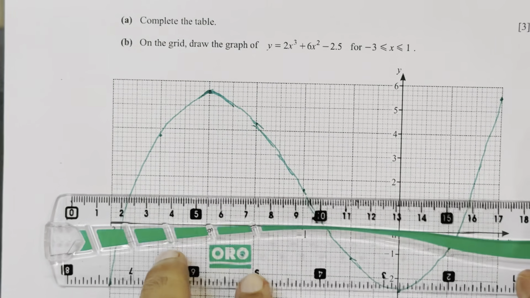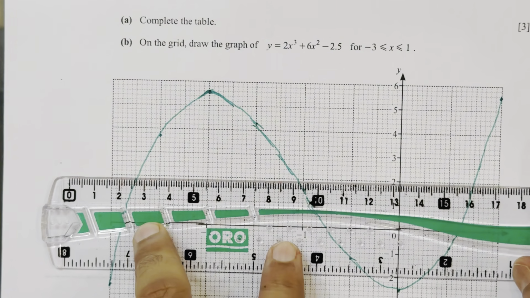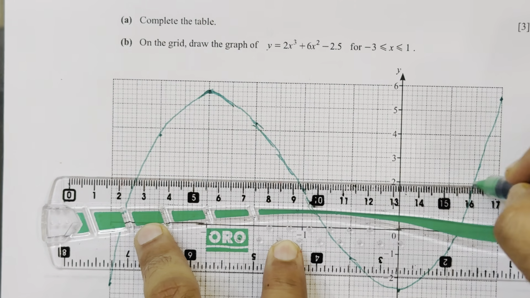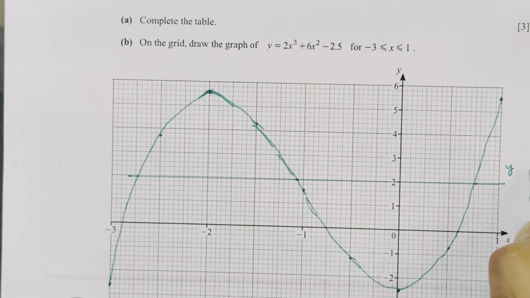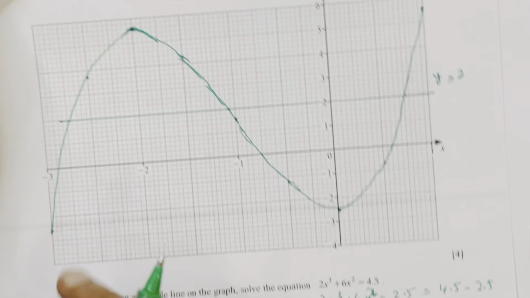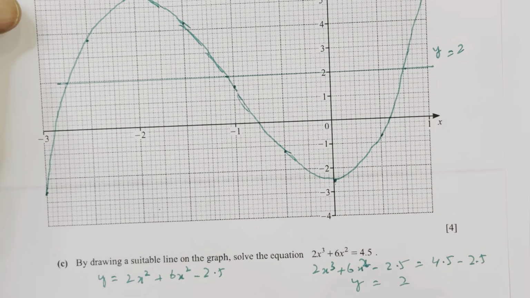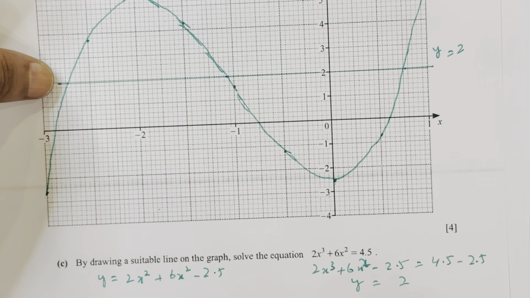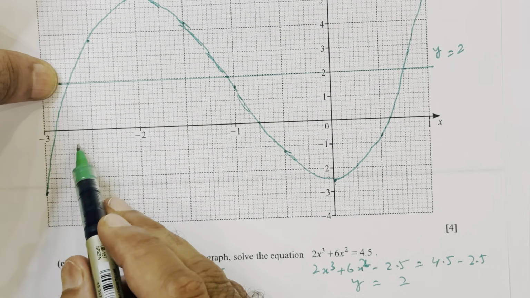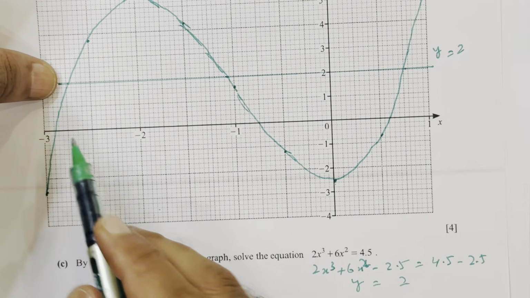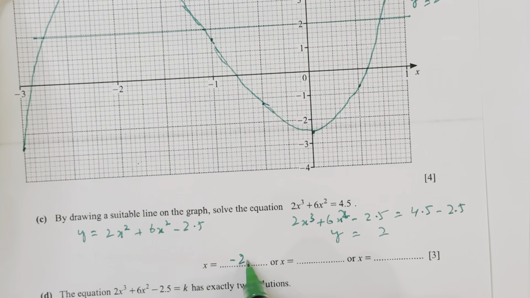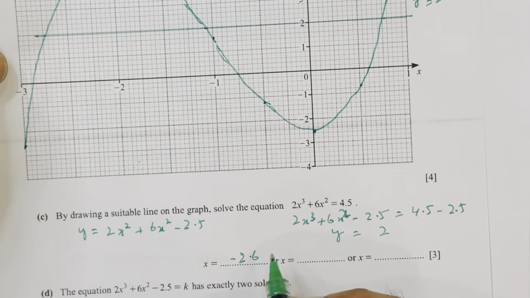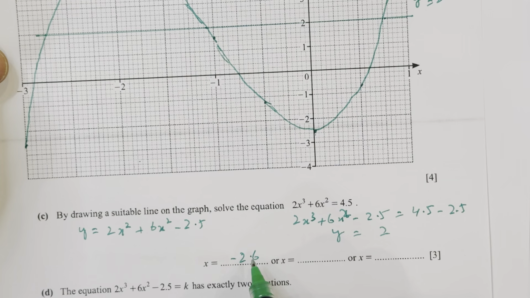When you plot this line y is equal to 2 like that, these are the 3 coordinates that you need to write over here. Y is equal to 2. So first would be minus 2.5 over here, 2.7, and 2.6 you can write, or 2.7, minus 2.6 I am writing. 2.7 I am writing.